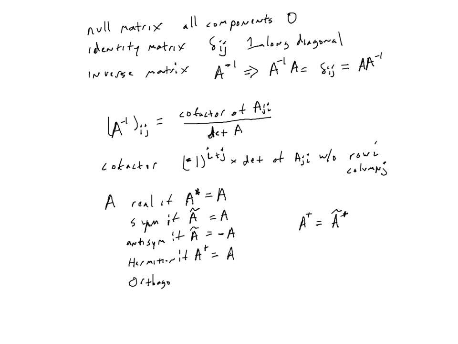You've got orthogonal, and that's where if you take the inverse, it is actually equal to the transpose. So the transpose is equal to the inverse. Then there's unitary. And unitary is when the inverse is equal to A dagger.